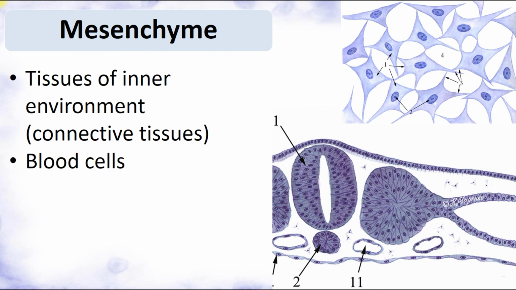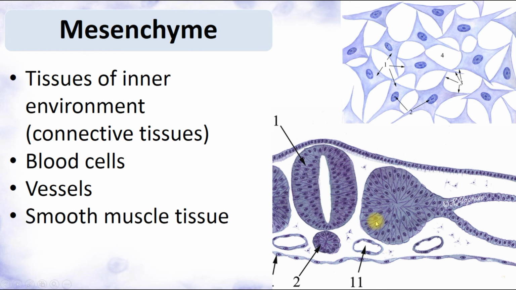Also, blood cells, formed elements of blood, develop from mesenchymal cells. And also blood vessels, cells of blood vessels, develop from mesenchyme. And smooth muscle tissue develops from mesenchyme. So mesenchyme gives rise to tissues of inner environments, blood cells, blood vessels, and smooth muscles.